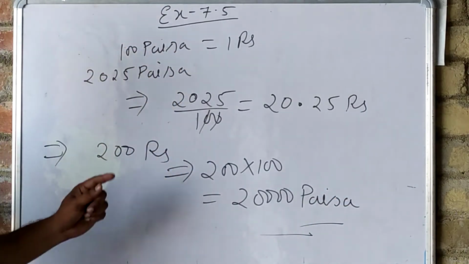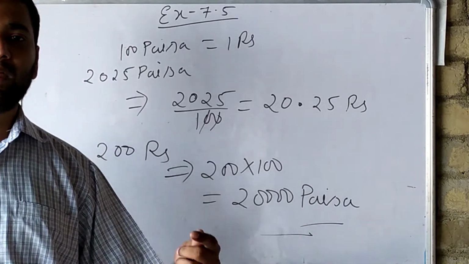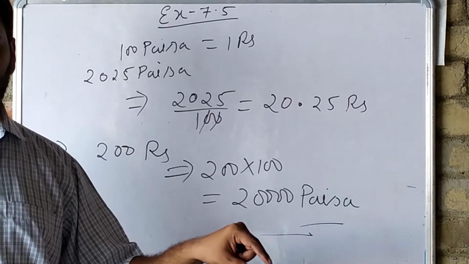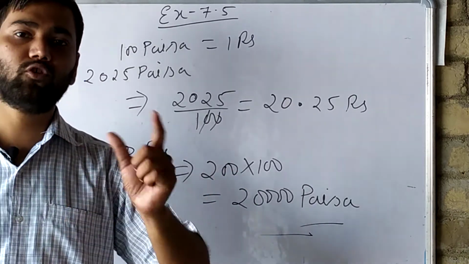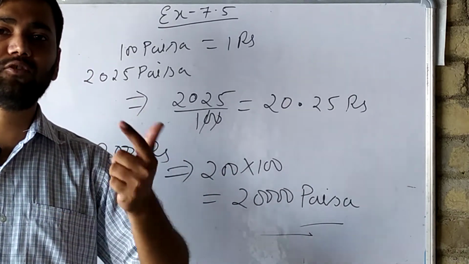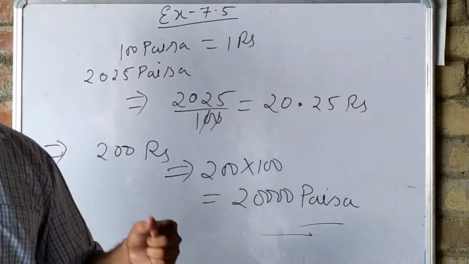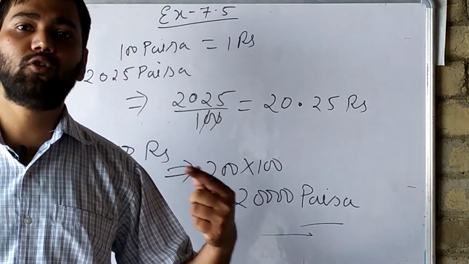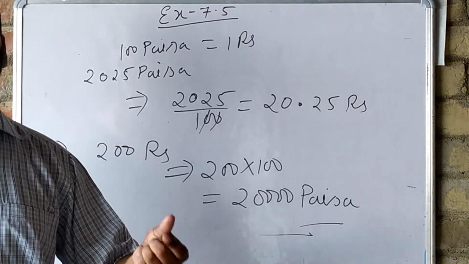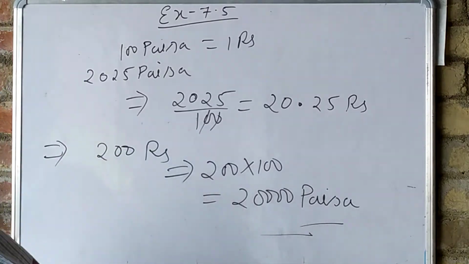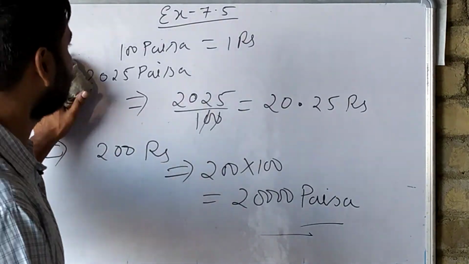When we convert rupees to paisa, that means bigger unit to smaller unit, we multiply by 100. But when we convert a smaller unit to a bigger unit, that is from paisa to rupees, we divide. Okay, so it is very clear to you all.